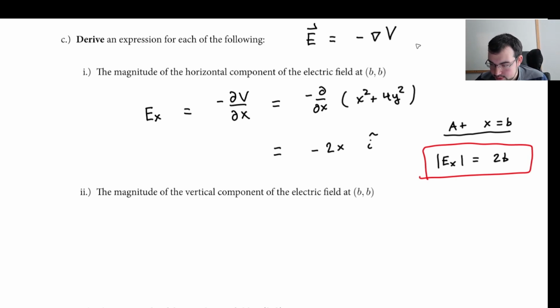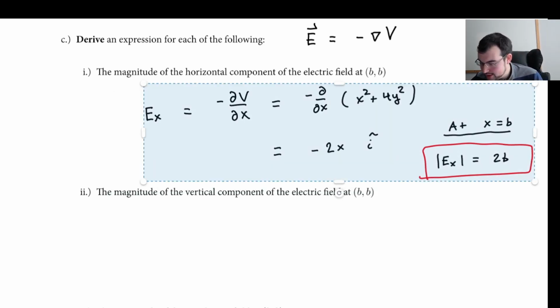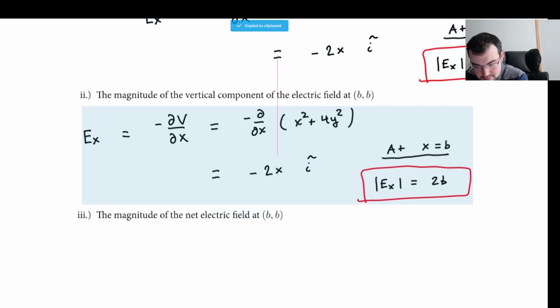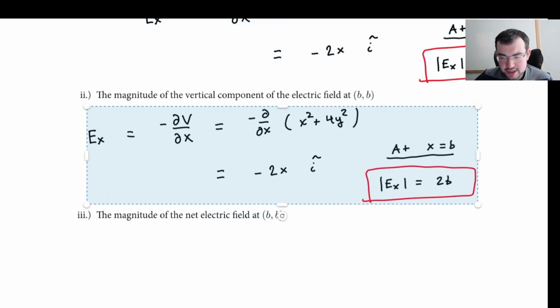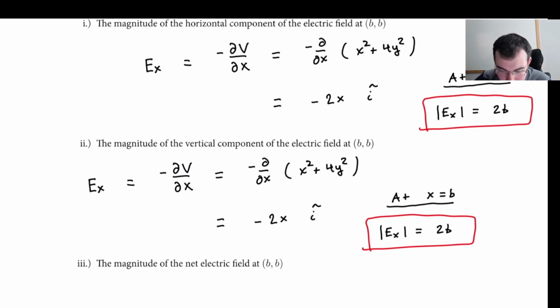Now, we're going to save ourselves a whole lot of time here. Do a little copy paste. And now we're just going to change a couple things. We want the vertical component, so instead of x, I want y. So I'm going to change all of these things.